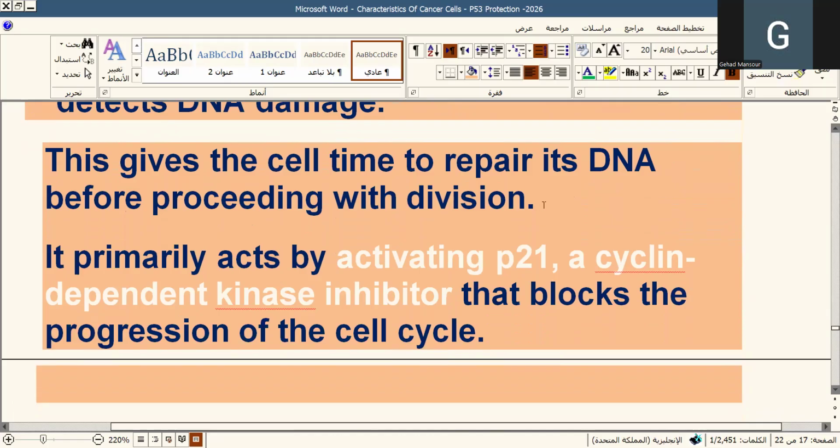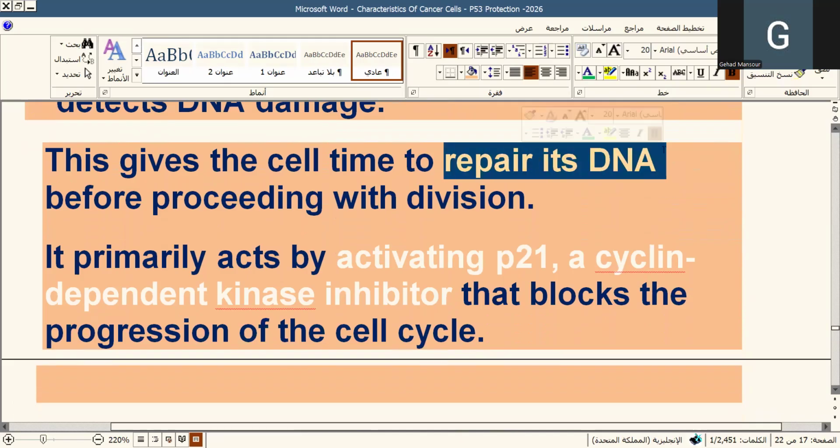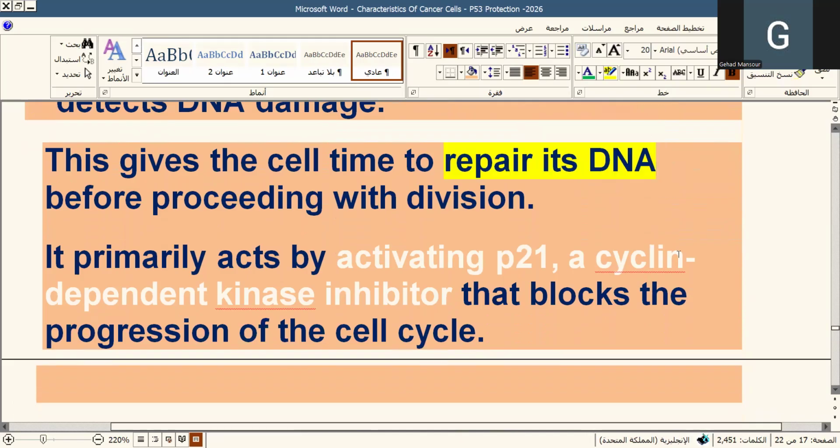How can we stop the cell cycle to buy time for repair of DNA? Here is a more detailed piece of information. We always said that P53 buys time by stopping the cell cycle to repair DNA, but we have never said how P53 can do this function of arresting the cell cycle either temporarily or permanently.